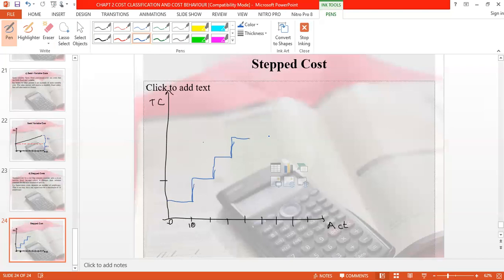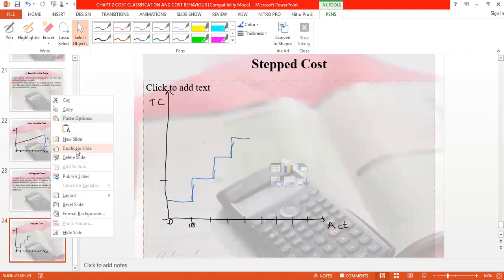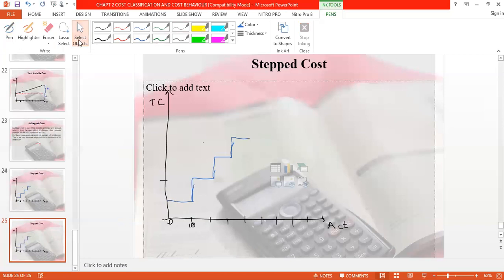You must be in a position to critically analyze how each cost works. I hope we are together there. So that is the first part of cost classification that I wanted us to look at.